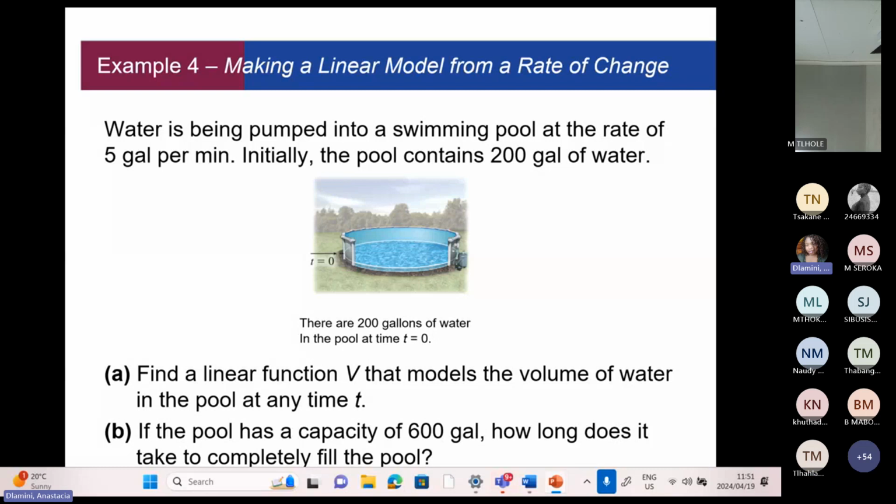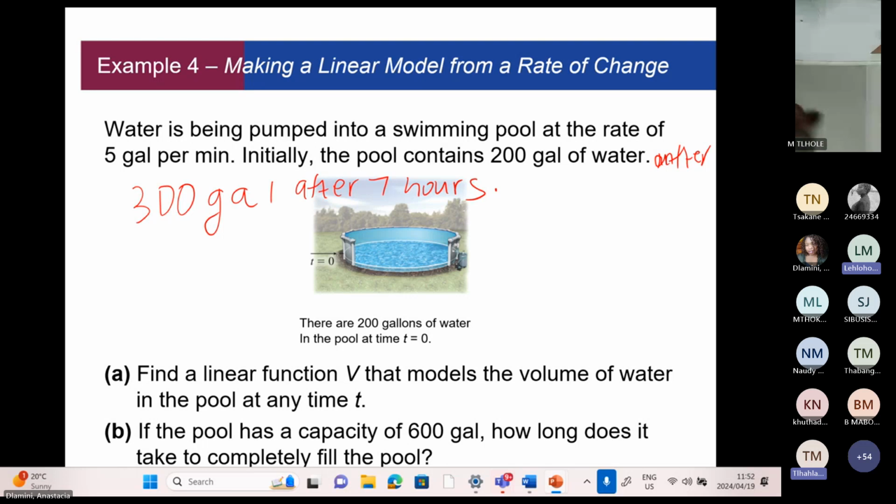Let me show you something. I said 200 gallons, and after, let's say, 300. Before you say something, can I say there's something pretty interesting in the statement that you have added here. Initially, in example 4, we are given 200 gallons of water at time T0. On the second statement you have given us 3,000 gallons of water and the time, which is 7 hours.